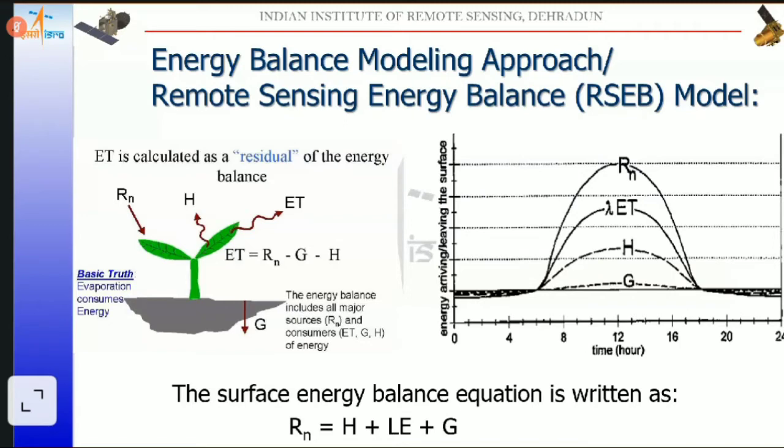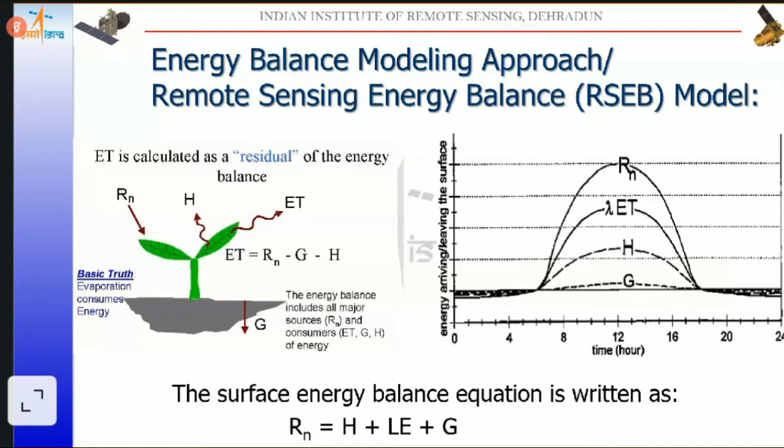So in the surface energy balance, we can majorly use three components: sensible heat flux H, latent heat flux LE, and soil or ground heat flux G. These three combined make up 99% of total net radiation. So if we know three out of the four parameters, then we can easily calculate the fourth one using the particular equations. That's why it is called the residual of energy balance.